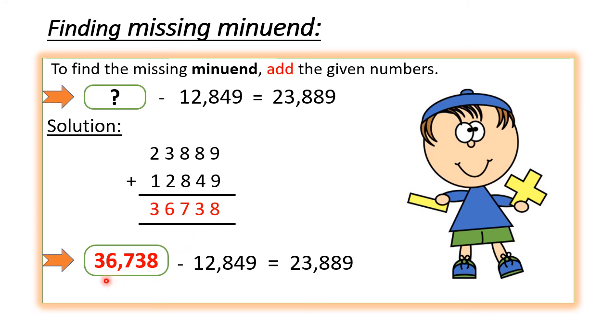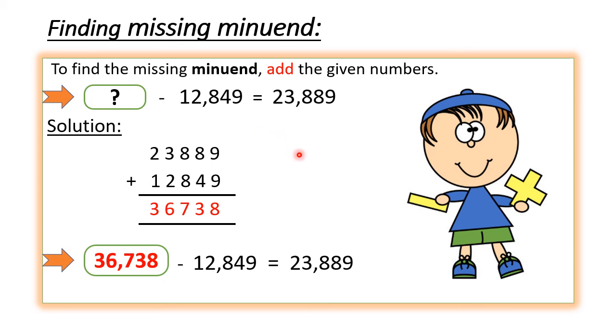So we can write our answer like this: 36,738 minus 12,849 is equal to 23,889. Again, you can check your answer for your satisfaction by subtracting these two numbers, and you will get this number as your answer, and this number is called the difference. So students, we have found our missing minuend.